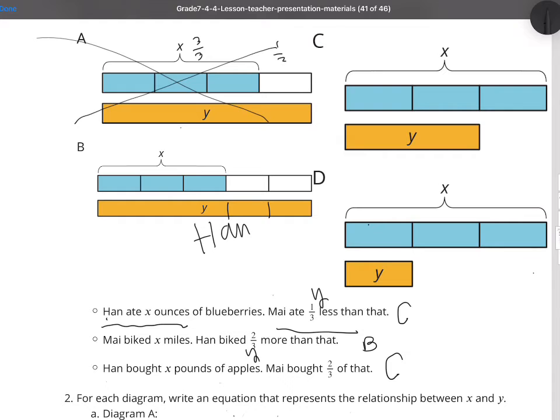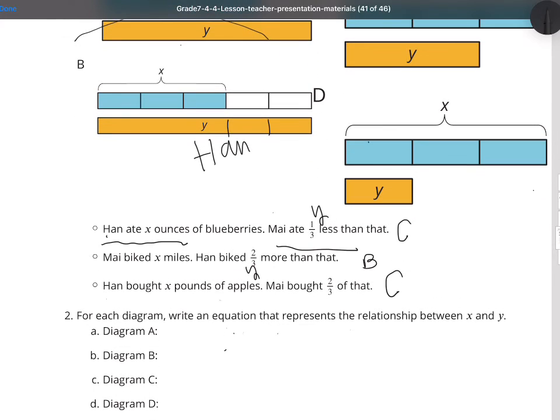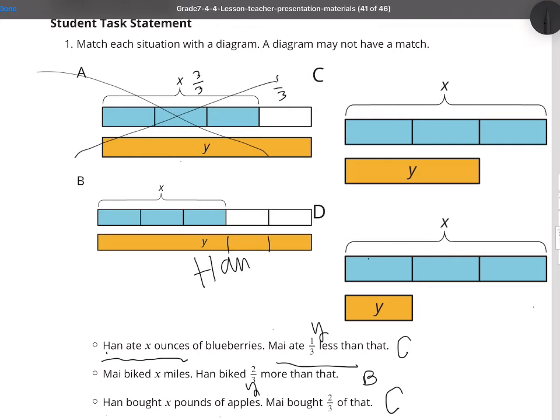So we'll have to add that together, and Y will be equivalent to 4/3 of X. Why? Because X in this case was 3 out of 3.